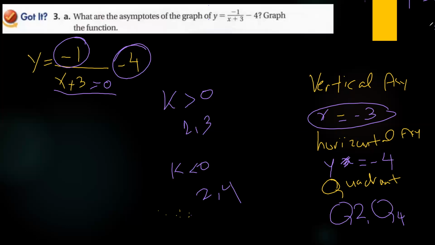Is it clear? Yes, Miss. Okay. Teacher, wait, don't erase it. Okay, Miss. Miss, we will not graph the function.